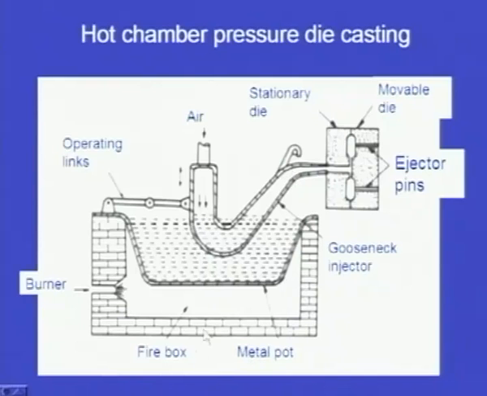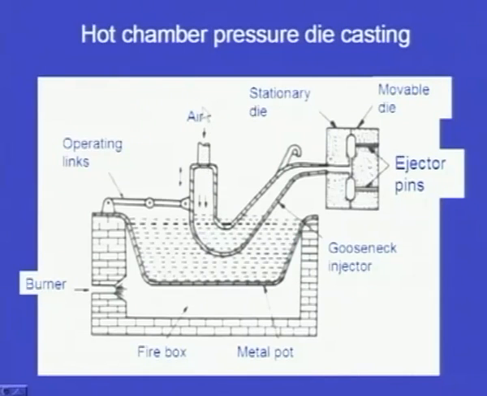And this is the fire box. Here we will be firing, and here is the burner, and this is the metal pot in which the metal is melted and the molten metal is prepared. After the molten metal is ready, we pass pressurized air through this way.